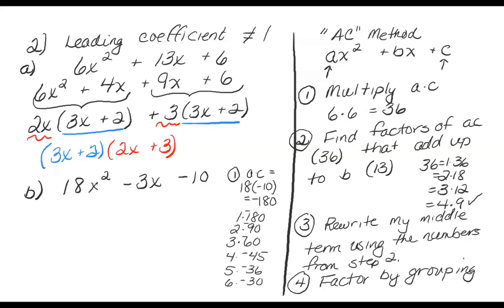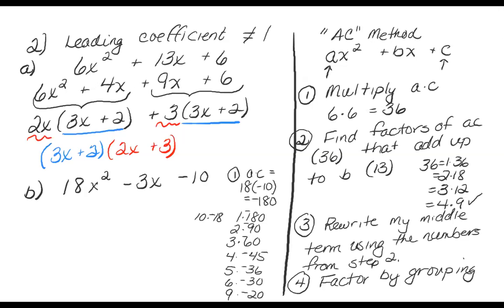No. 7 doesn't divide in evenly. 8 doesn't divide in evenly. 9 times negative 20. That's negative 11. I'm getting closer, but I'm not there yet. So I'm going to kind of go up here. Let's see. 10 times negative 18. Those add up to negative 8.